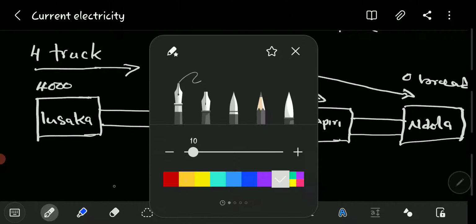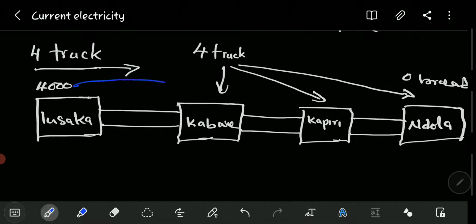So the 4,000 loaves will have been sold in Kabwe and also in Kapiri. Now the question is, will the 4 trucks sell the same amount of bread in Kabwe and in Kapiri?